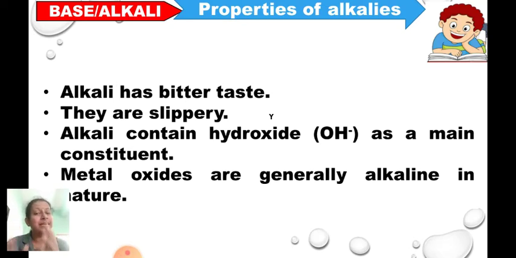That means even metallic oxides are alkaline or basic in nature, so you have to remember that. So these are some of the properties of alkalis: they have a bitter taste, they are slippery to touch, the main constituent is hydroxide or the OH minus group, and even metallic oxides are basic or alkaline in nature.